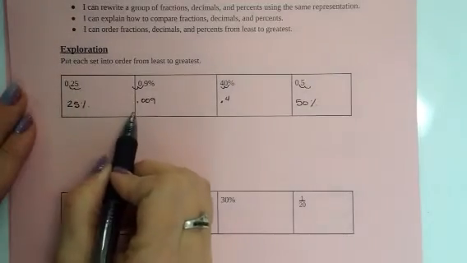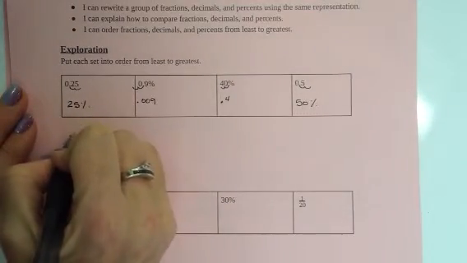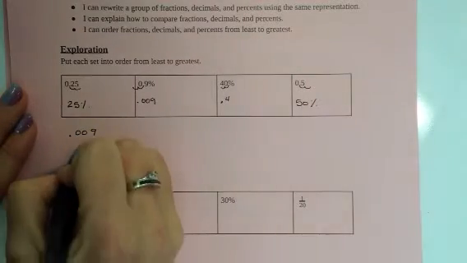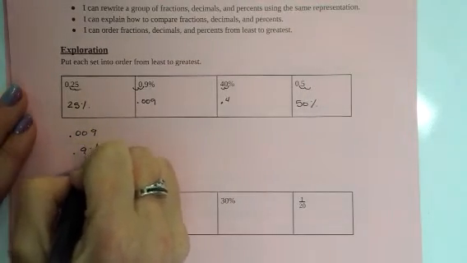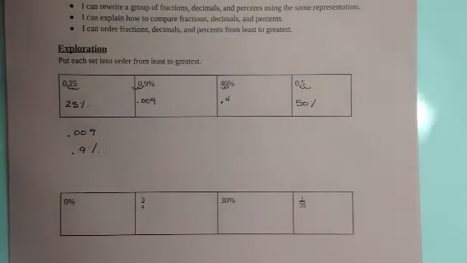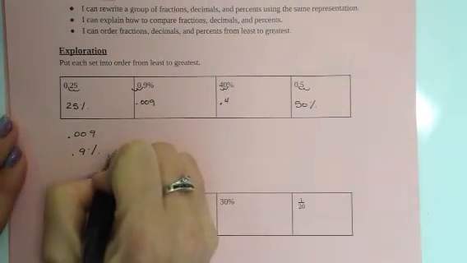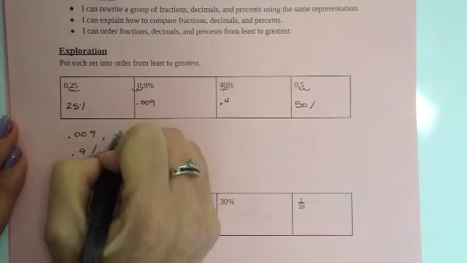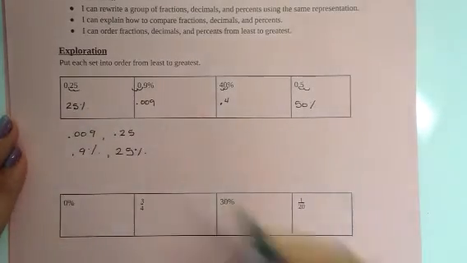So if I'm going to put these in order by decimal, 0.009 is first, or 0.9% is first, okay? Then I go to 25%, or 0.25, or 25 hundredths.